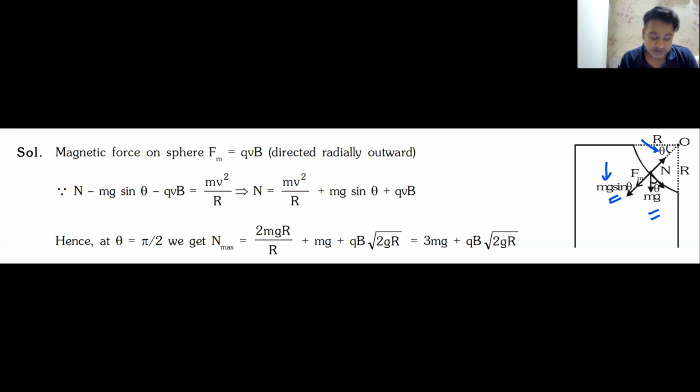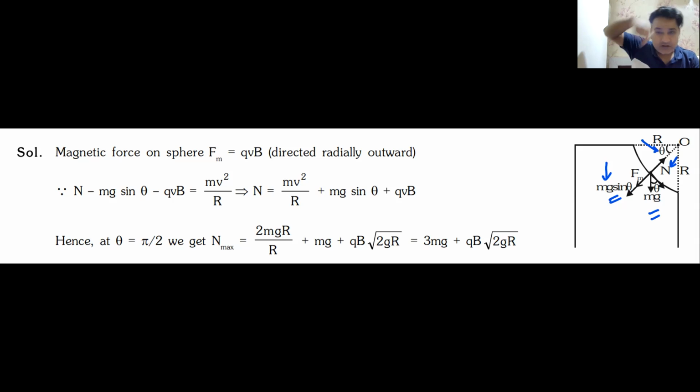Then you have the normal reaction, and you just have to find the direction of the magnetic force, v cross B, and in which direction this magnetic force is pointing.